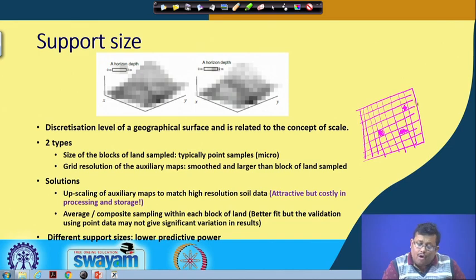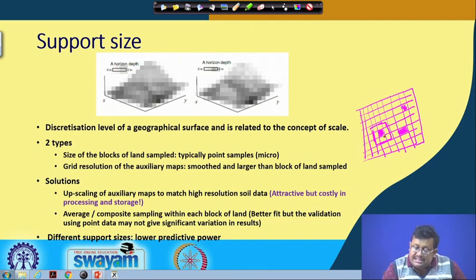So, for the auxiliary map, first of all we can consider this as point data, just like we have seen in our GIS lecture how point data can be represented by a single grid cell. If we have an auxiliary map, say a digital elevation data or DEM file, from there we see that the size of the grid is somewhat bigger than the size of the individual point.